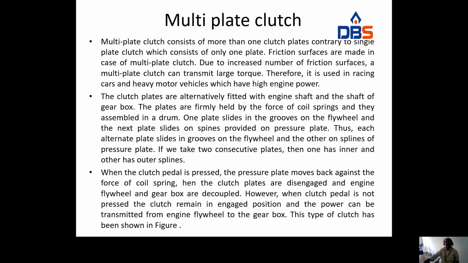Due to the increased number of friction surfaces, a multiplate clutch can transmit a large amount of torque. This is the main important purpose of the multiplate clutch. Therefore it is used in racing cars and heavy motor vehicles, which have high engine power.